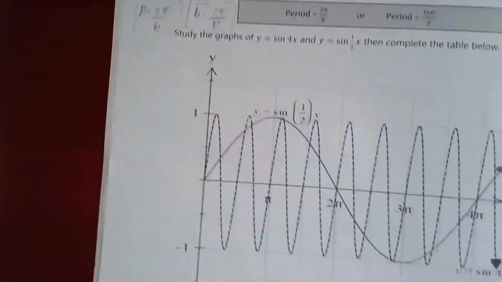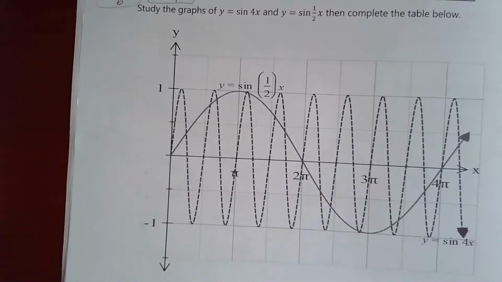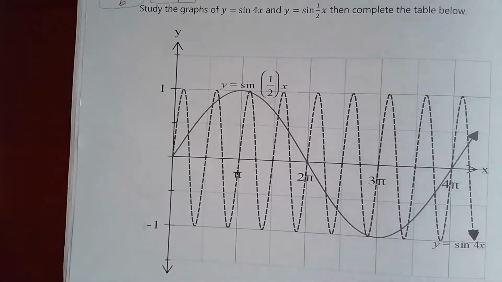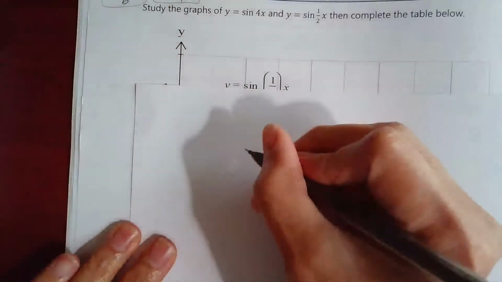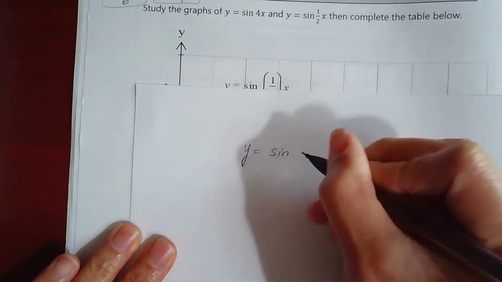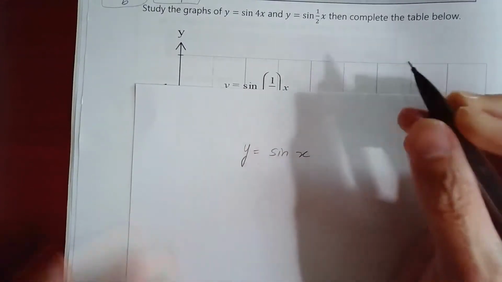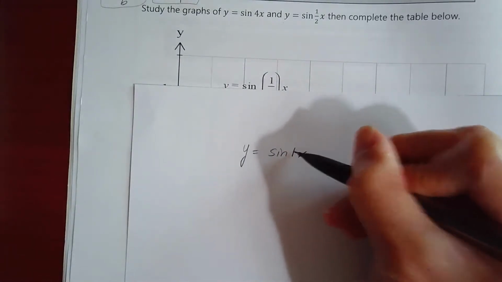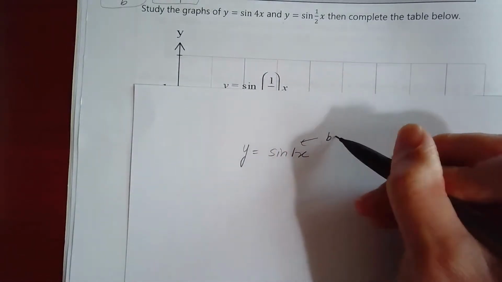Okay, so let's see here. Before we get into that one, I just wanted to say something. So y is equal to sine of x. So here, it means that there's a 1 here. b is equal to 1.